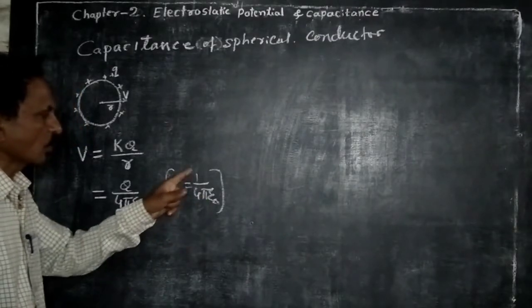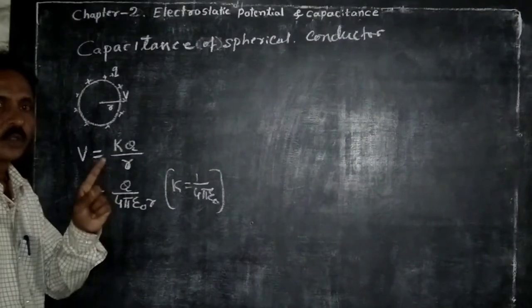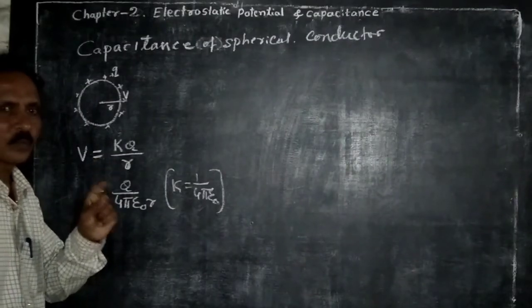Therefore, k equals 1 upon 4 pi epsilon naught equals 9 into 10 raised to 9 newton meter square per coulomb square.